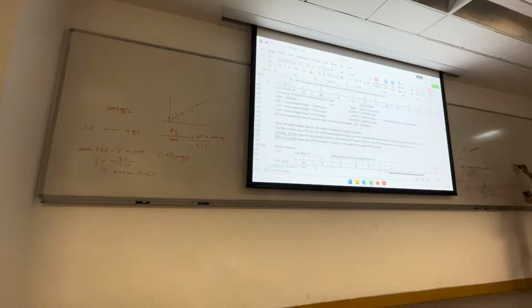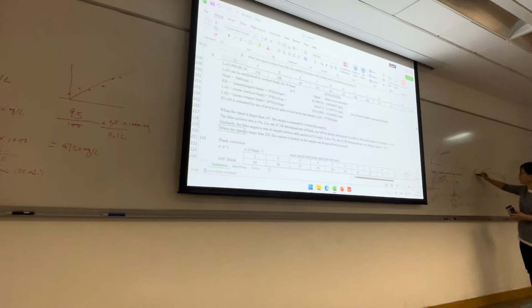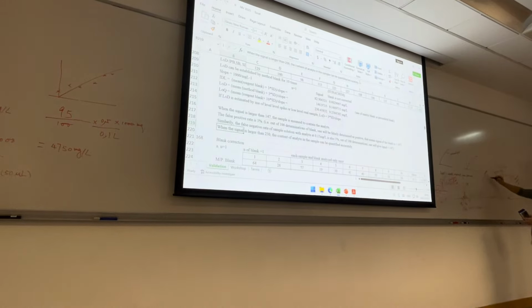This sample at 0.15 mg per liter. This is the blank, either procedure blank or matrix blank or sample blank or sample with low level, okay?